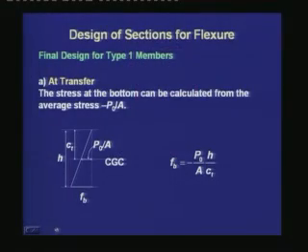The stress at the bottom, FB, is equal to minus P0 by A, which is the value at the CGC, times H divided by CT. Thus, from the similarity of the triangles, we are proportionately increasing the stress from the value at CGC to the extreme fiber. And like this, by knowing P0, the area, the total height H and CT, we are able to calculate the stress at the bottom.